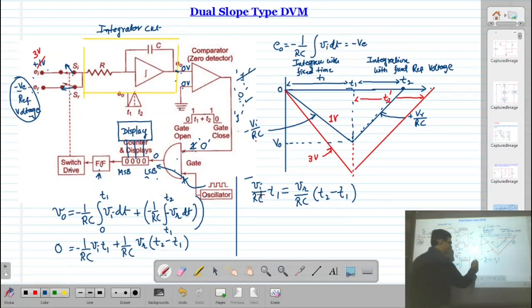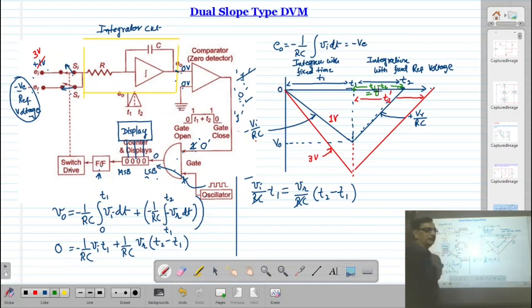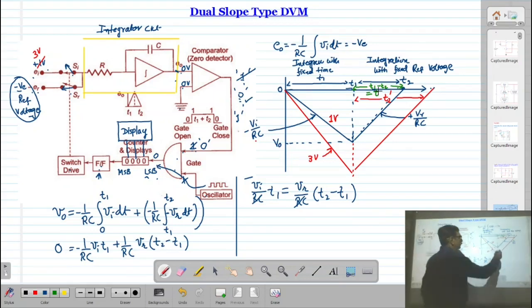And here RC is cancelled. Then let us say from T1 to T2 this time period is, you can say, T2 minus T1, and this is equal to, let us say, T.